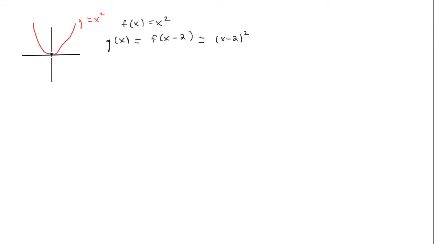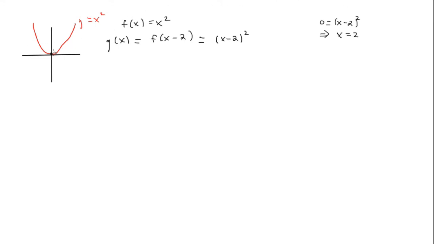If I do the same thing for the new curve, 0 equals (x minus 2) squared, so let's put that over here. 0 equals (x minus 2) squared, then the only way this happens is if x equals 2.